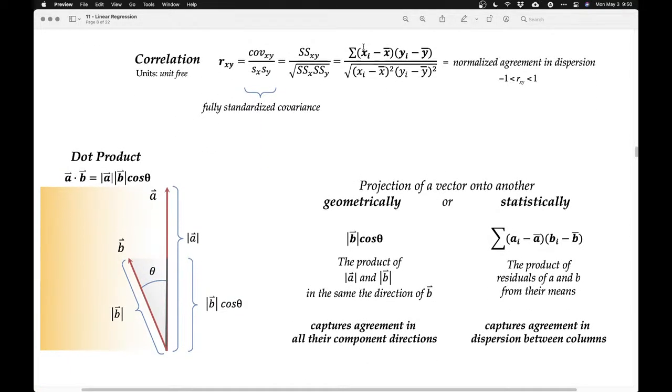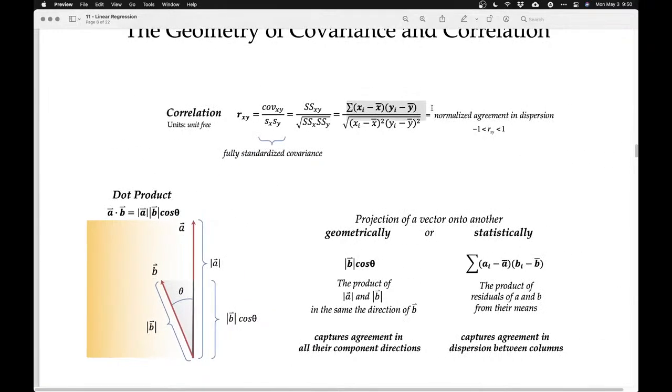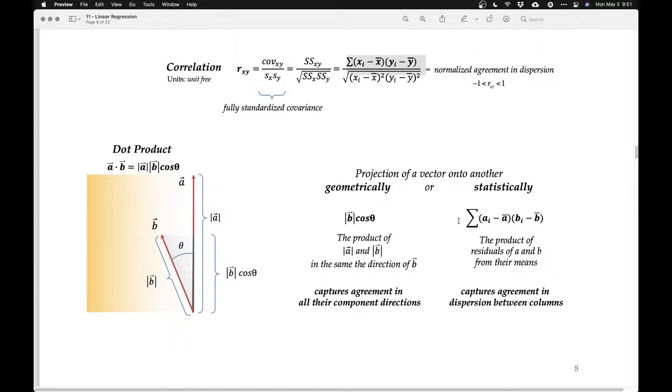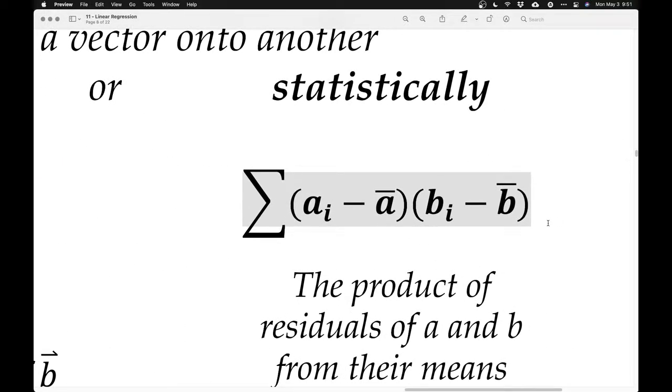That numerator is interesting. It's one vector mean-centered times the other vector mean-centered, and this expression also has a meaning in geometry.